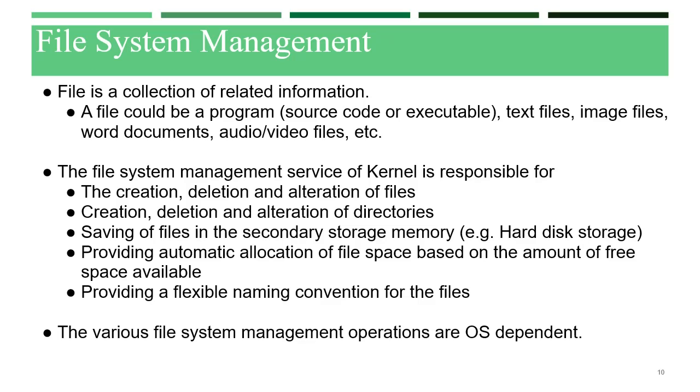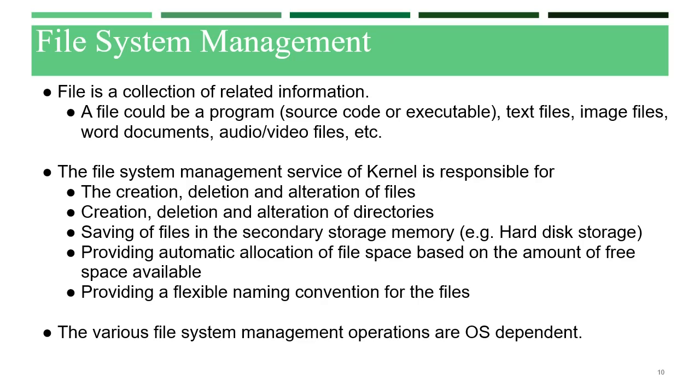File system management. A file is a collection of related information. A file could be a program, text file, image file, Word document, audio or video file, etc. Each of these files differs in the kind of information it holds and the way in which the information is stored. File operation is a useful service provided by the OS.